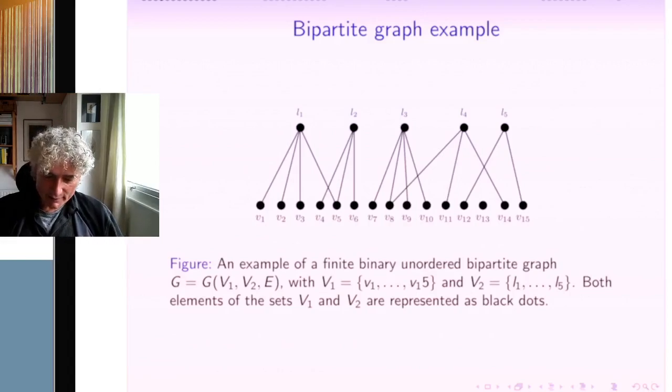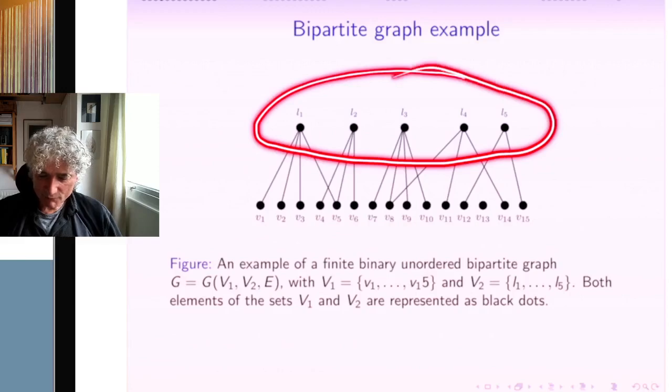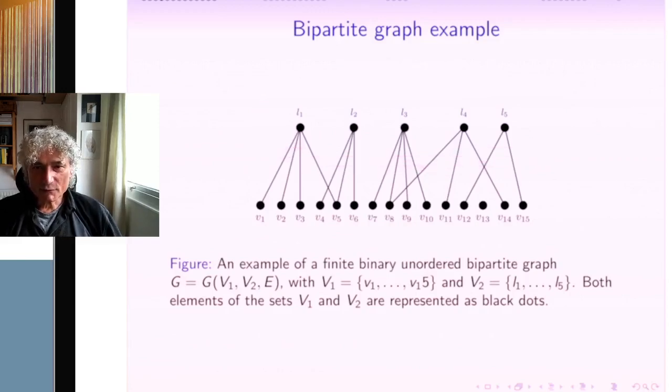And then you have here vertices in the set V2, and they are denoted from L1, L2 up to L5. Now let's just think a little bit about what would be a typical real-world example that could be described by this bipartite graph.